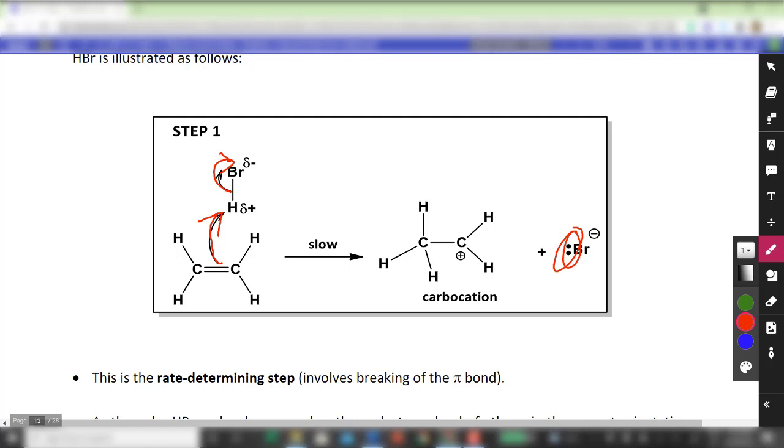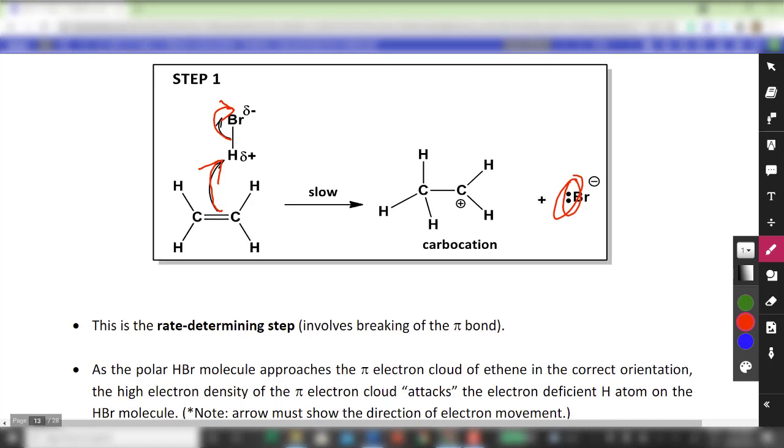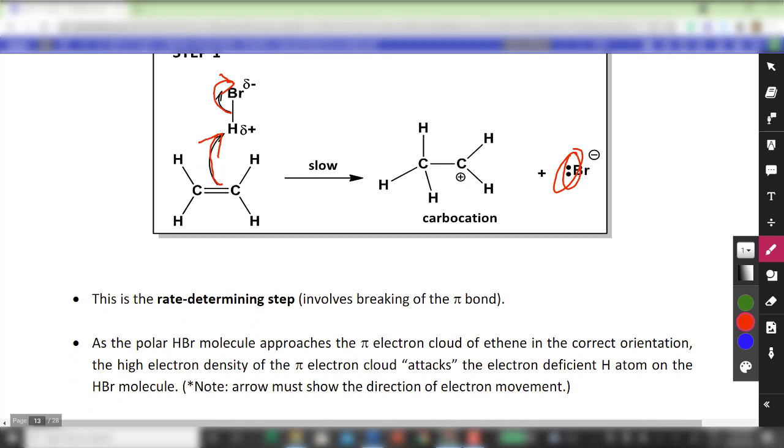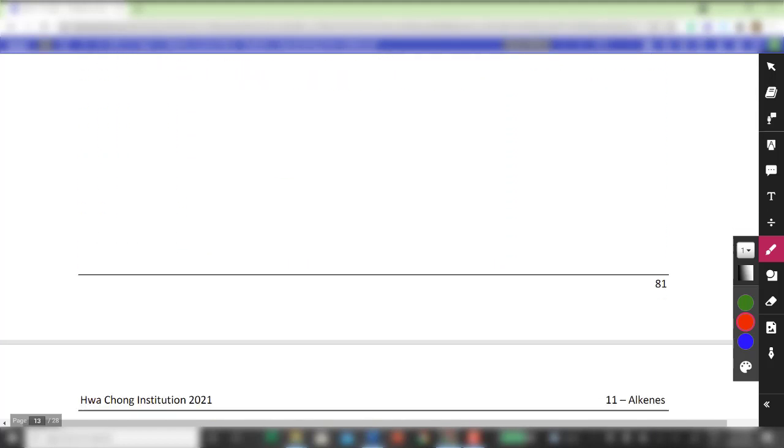Then it leads to the formation of a carbocation. The first step is the rate determining step, as we mentioned, because it involves the formation of an unstable carbocation.